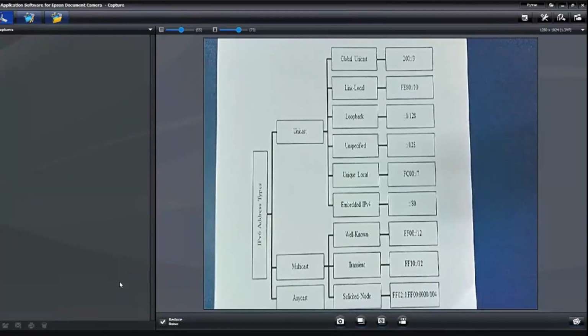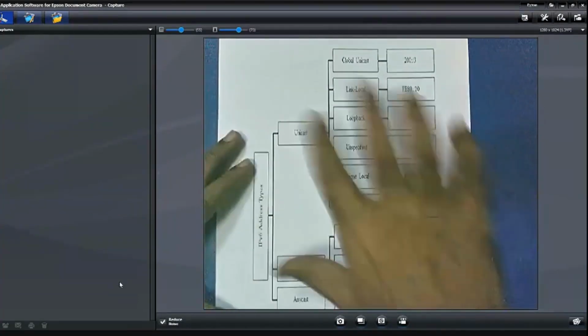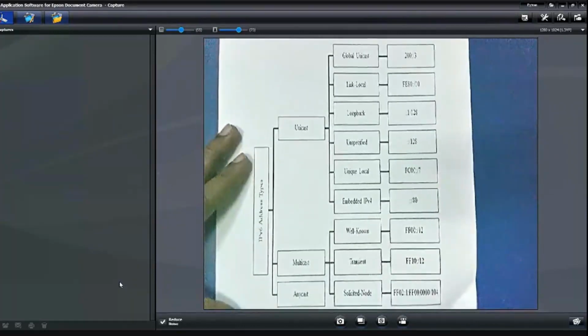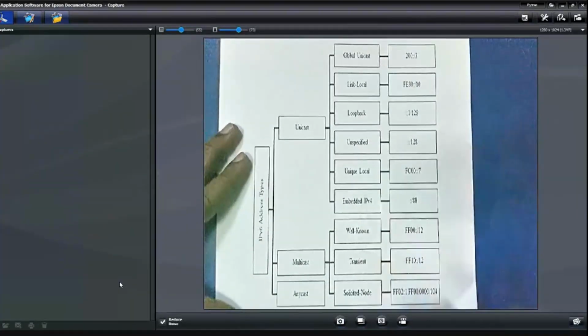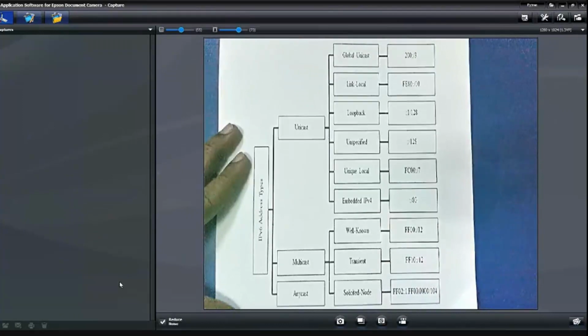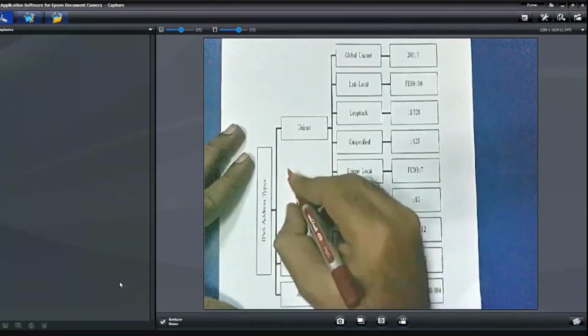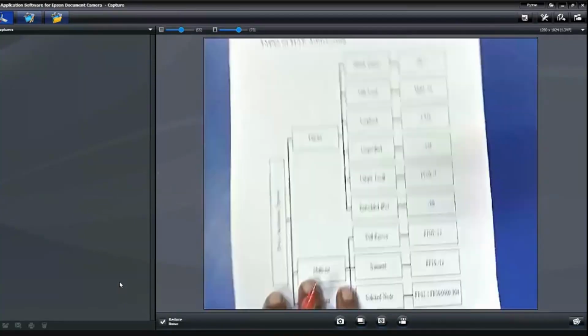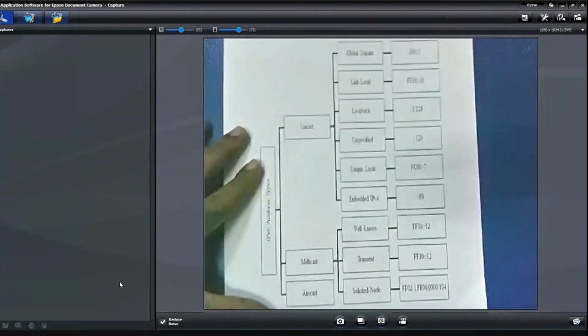There are many different types of IP address available, but not everything is for you. Take a paper and write it. This is the complete diagram. I'm going to give only what you study in your course. Can anyone answer this question? I'll give you a question.